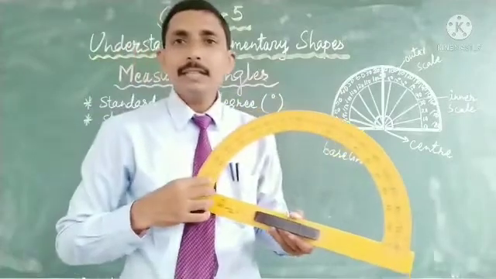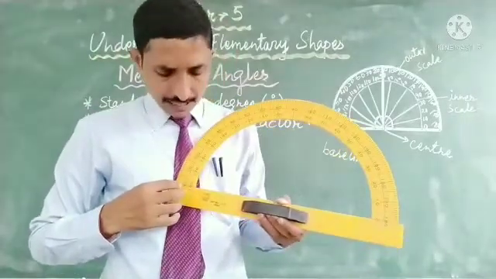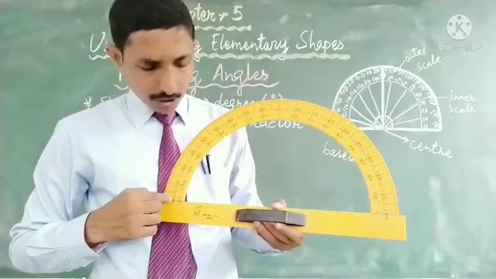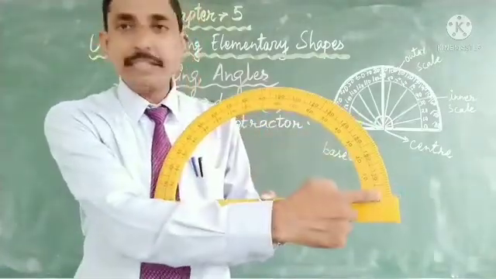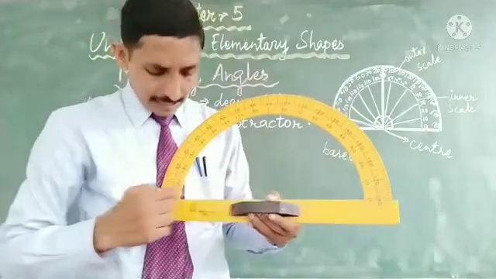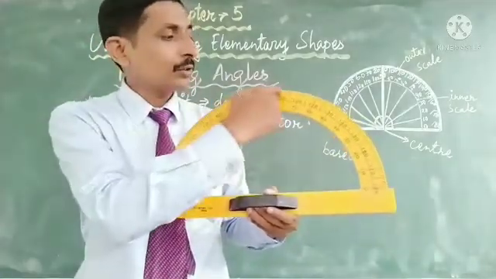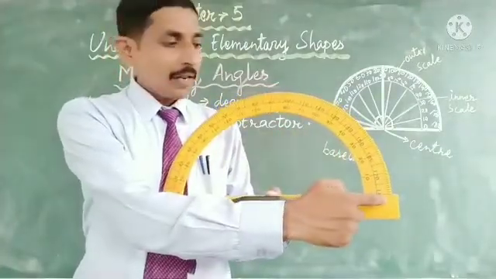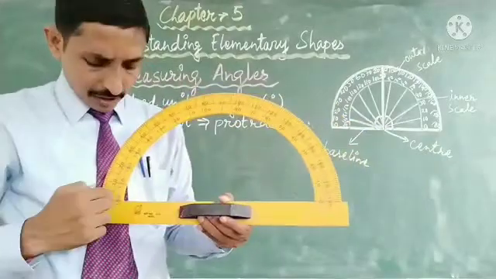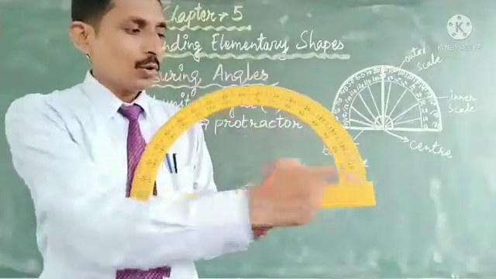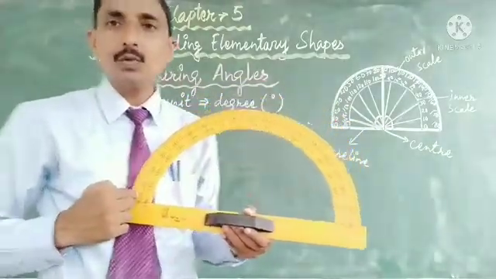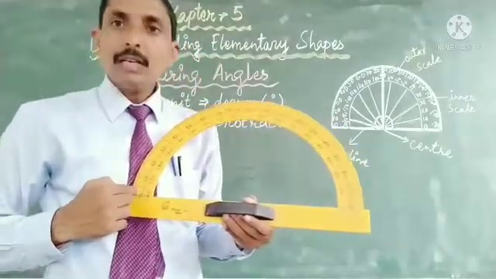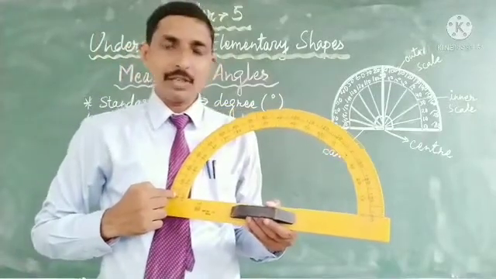And you see, another scale is outer scale, which also measures from 0 degree to 180 degree, and this goes from left to right direction, and this is called clockwise direction. So this outer scale is used to measure angles which are drawn in clockwise direction.